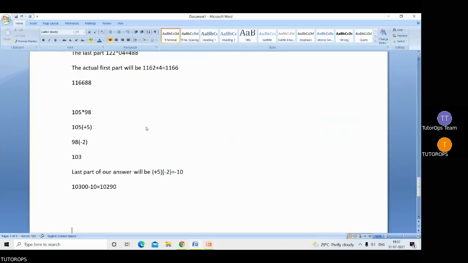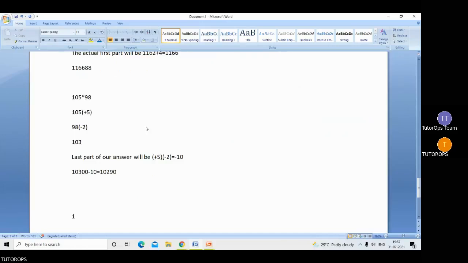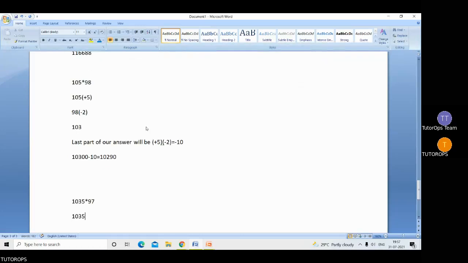I am taking an example: 1035 into 97. The first number, 1035, is 35 surplus of base 1000.